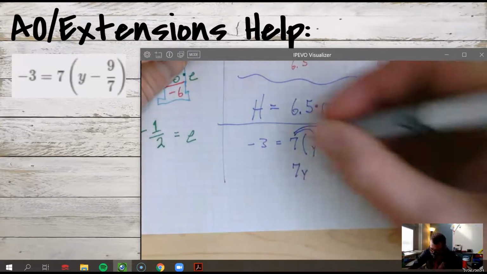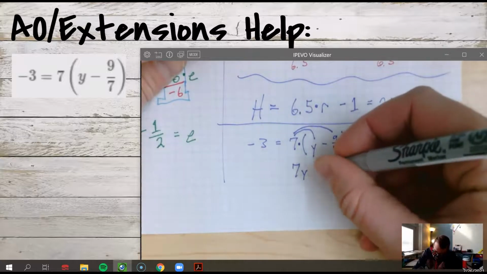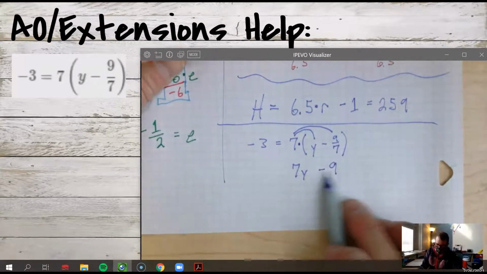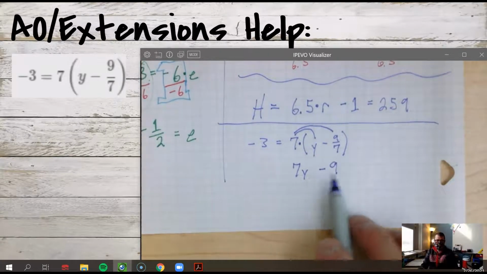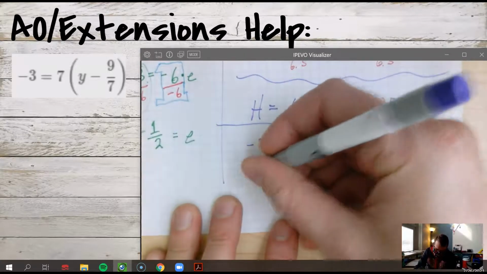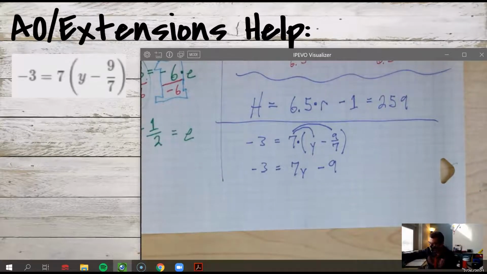Right? So when you multiply by the same thing that you're dividing by, we end up with just the 9. So you can either say minus 9, or you can think of it as a negative. But either way, that's equal to negative 3. So now we use inverse operations to solve.